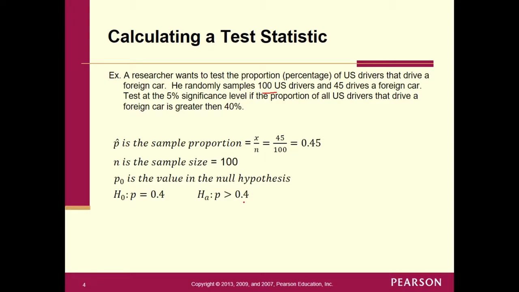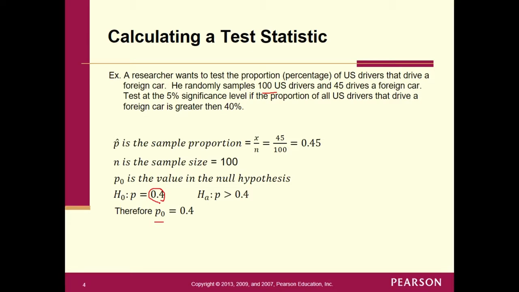The alternative would be p is greater than 0.4, and the null is p is equal to 0.4. So what's the value in the null hypothesis? What would be p sub 0? 0.4, that's it. We're not saying p is equal to p sub 0, we're saying p sub 0 is equal to 0.4. It's p sub 0 is equal to that value right there.